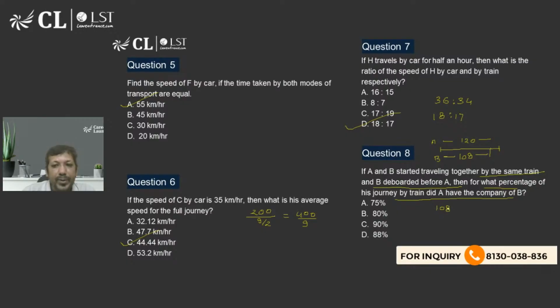And that is what percent of A's journey by train? I'm going to multiply by 100. This is going to be 0.9. So it comes out to be 90%, and that's going to be option C. So we get our answer as option C, and that's it.